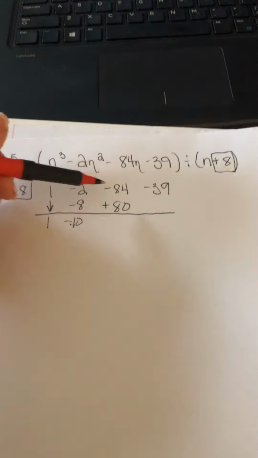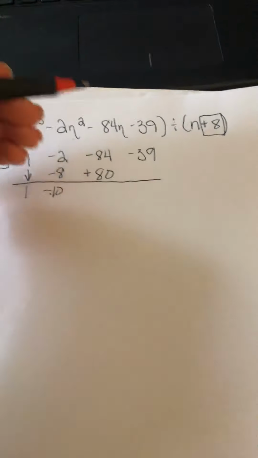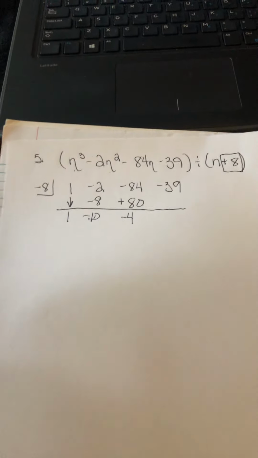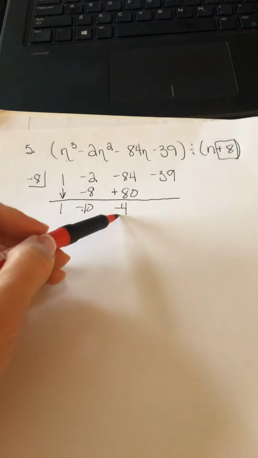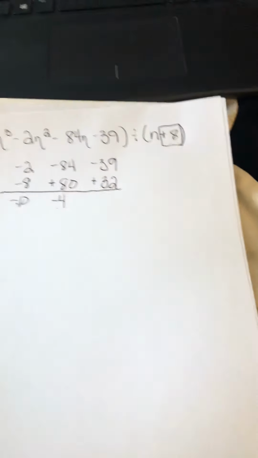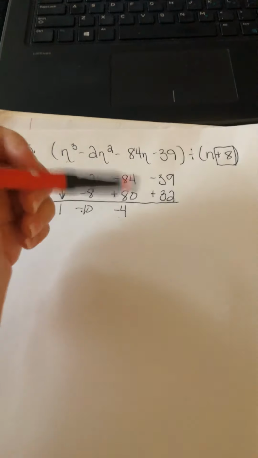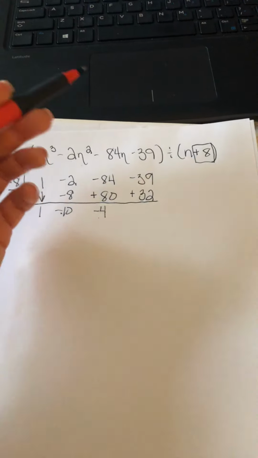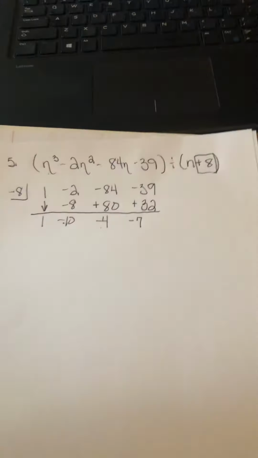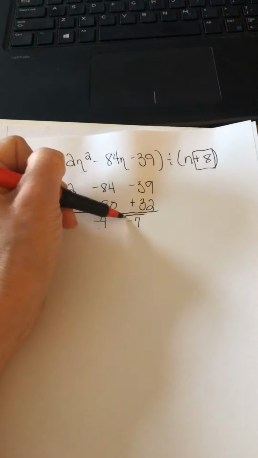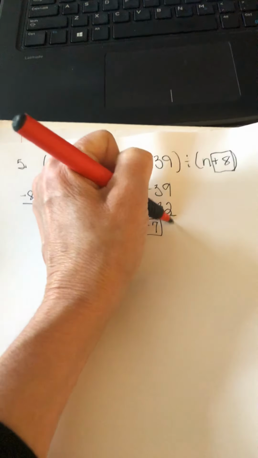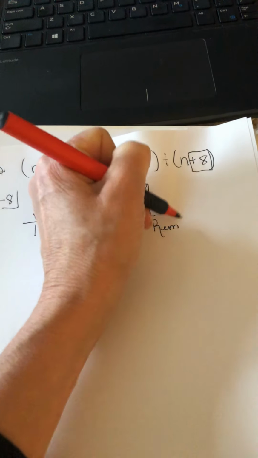All right, so -84 plus 80 is -4. And lastly, -8 times -4 is positive 32, and -39 plus 32 would be equal to -7. Now notice that my last term did not become a 0, so it is actually the remainder.